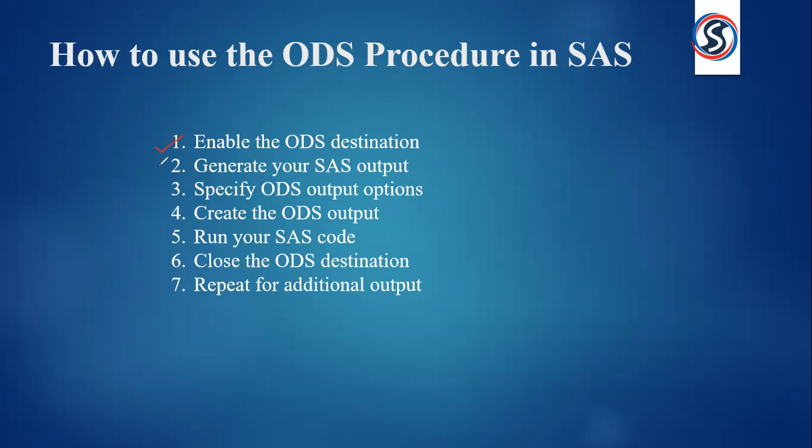Second, you have to generate your SAS output. Here you will write the SAS code to generate the desired output, such as a summary table, graph, and any other result.